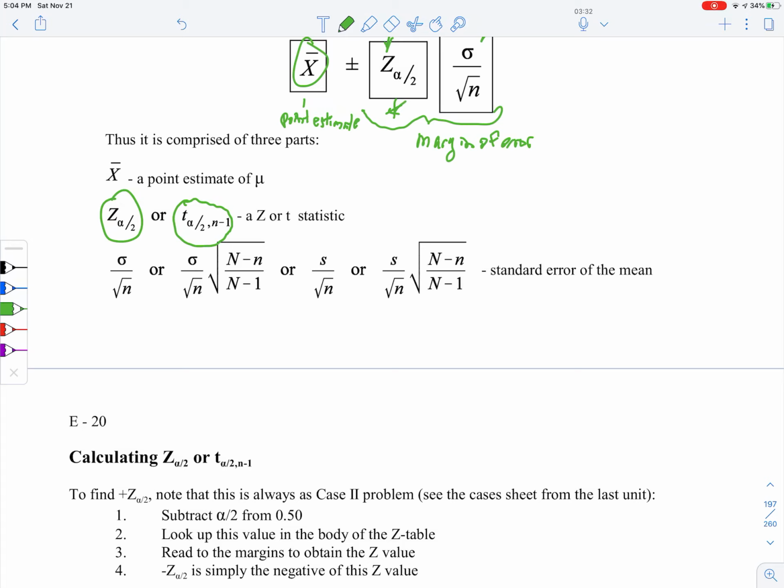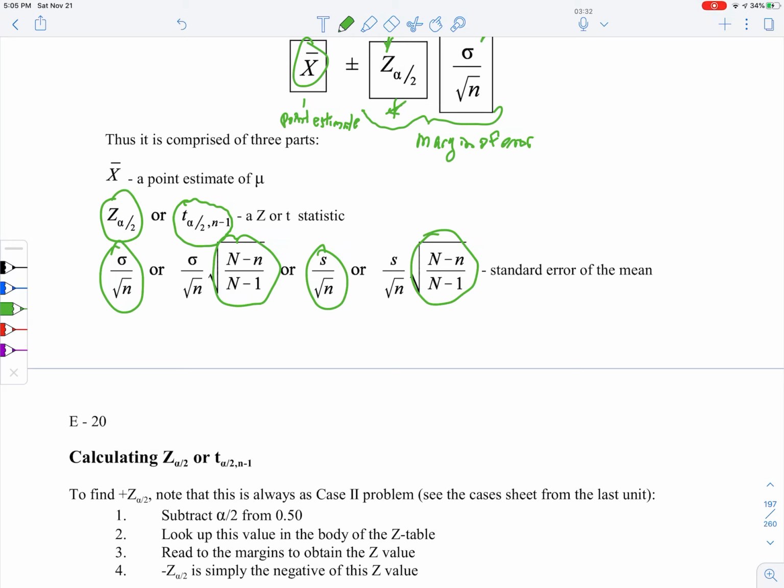Again, it's not t times n minus 1, which is a mistake that sometimes people make. And your standard error can be sigma over the root of n, or s over the root of n, or we could tack on an FPC factor, which is what we learned about before.